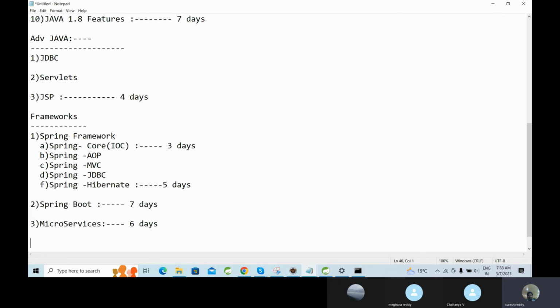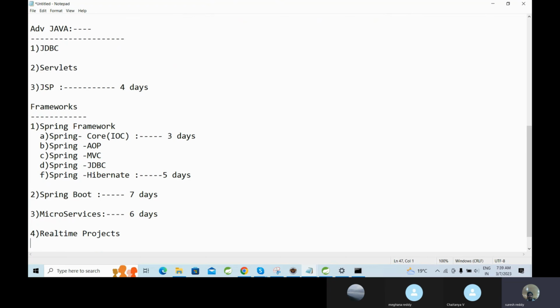Next coming to some extra things. The 4th one, project. Real-time project on Spring Boot. Real-time projects.